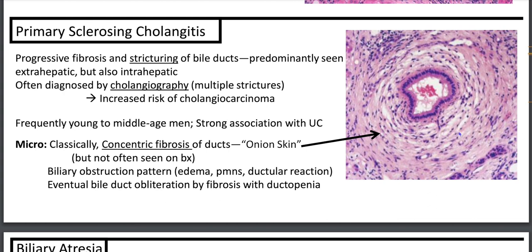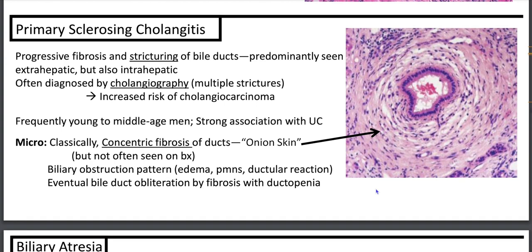Classically, you'll see concentric fibrosis of ducts, onion skinning, but this is not often seen on biopsy. You can have a biliary obstruction pattern where you'll have edema, neutrophils, a ductular reaction, and eventual bile duct obliteration by fibrosis with ductopenia or paucity of ducts.